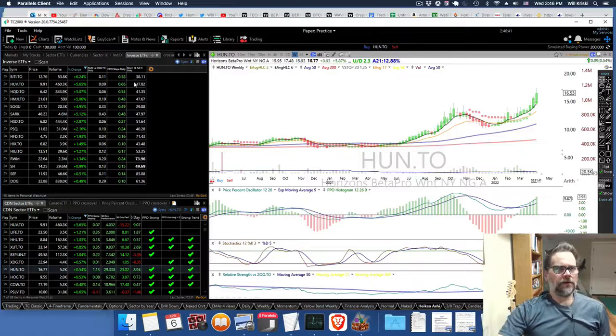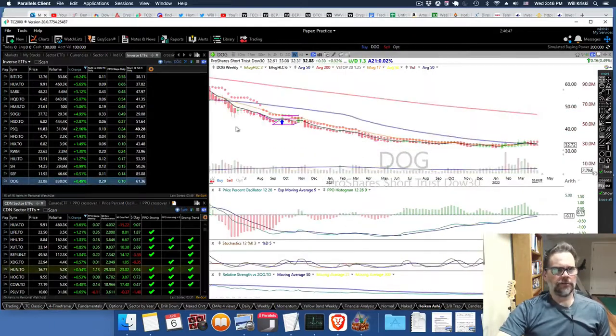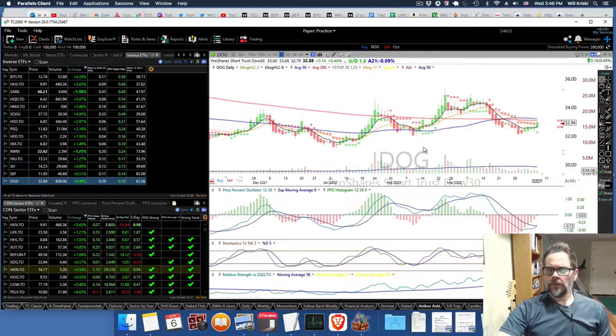You can see on this chart that all the inverses are up. I'll start at the bottom with DOG. If we go to the daily chart, it's quite choppy, but right here there's a green up candle. Of course you've got the 250 right there, and it's crossing up here. But when it crosses, it's a mixed blessing.